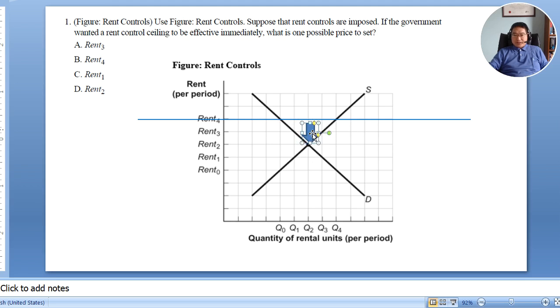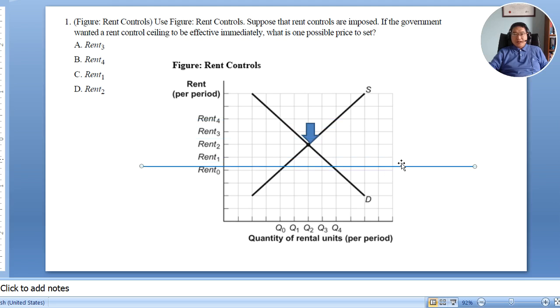So if you want to memorize it, it's just the opposite of where things should be. If you don't want the price to go down, you set the floor above the equilibrium price. If you don't want the price to go up, you set the price ceiling below the equilibrium price. Okay, that's the trick.